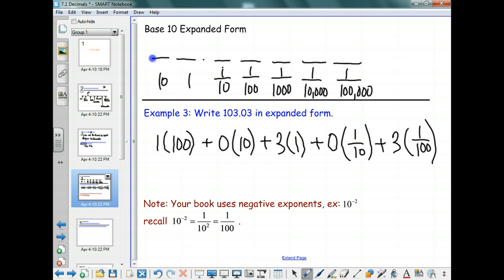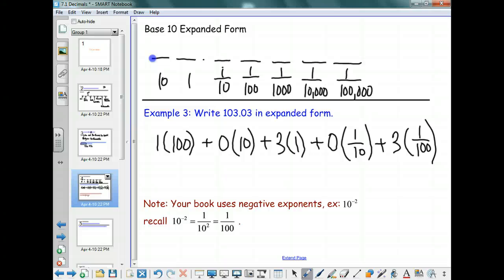So what this visually does is it takes each value times the value of where it's located. Because the 3 makes a difference on where it is, right? Am I going to give you $30, $3, 30 cents, or 3 pennies? It matters where I put the 3. And this writes it out in a way that you can see all those places with their value.